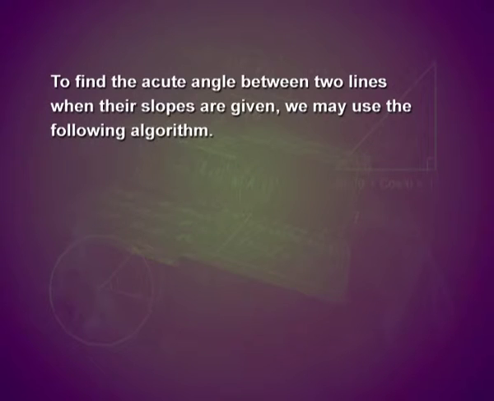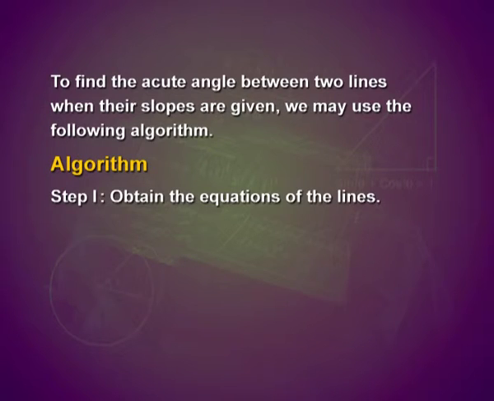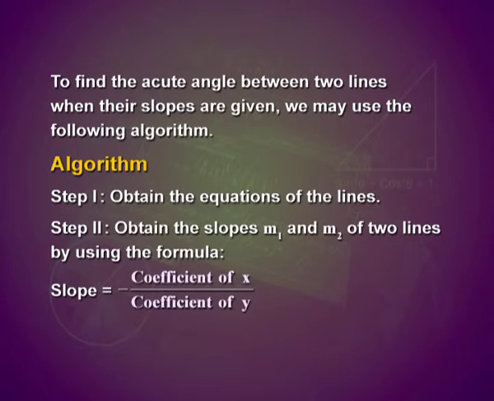Now, to find the acute angle between two lines when their slopes are given, we may use the following algorithm. Look into the algorithm. In step 1, we obtain the equations of the lines. In step 2, obtain the slopes m1 and m2 of the two lines by using the formula slope is equal to minus coefficient of x upon coefficient of y.